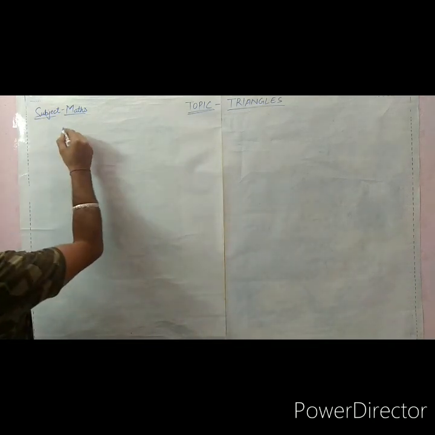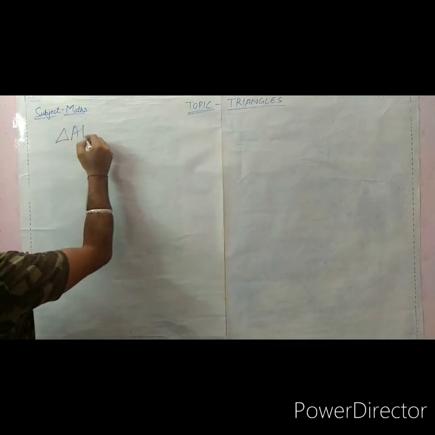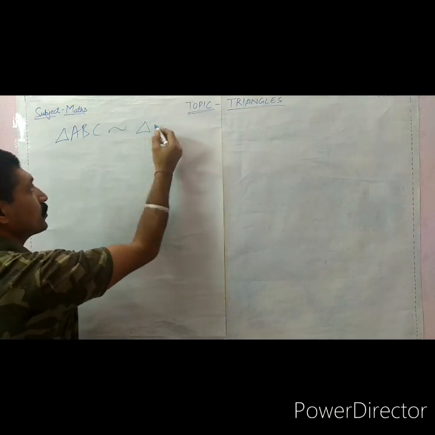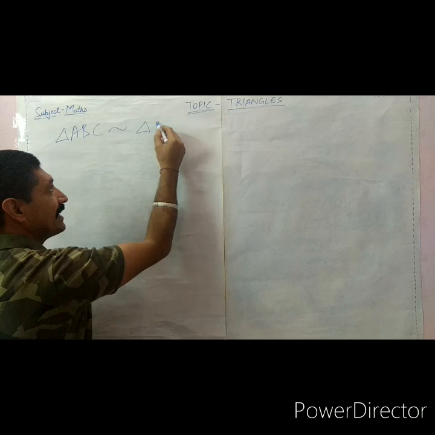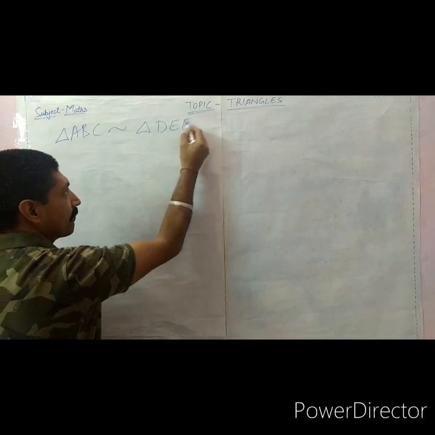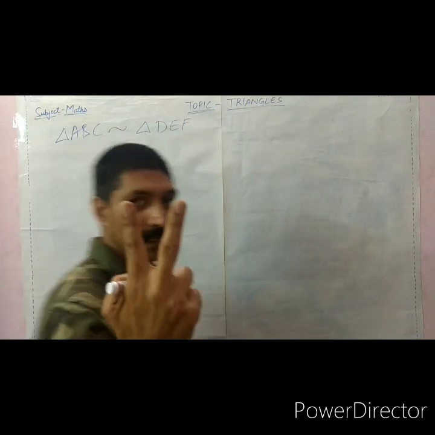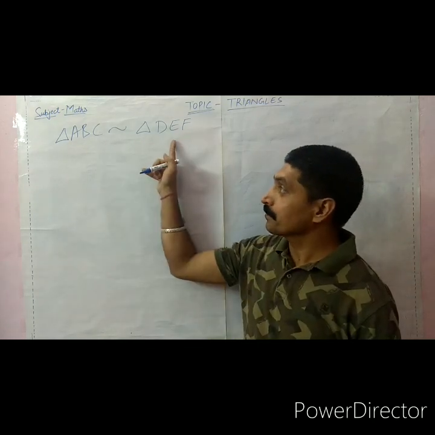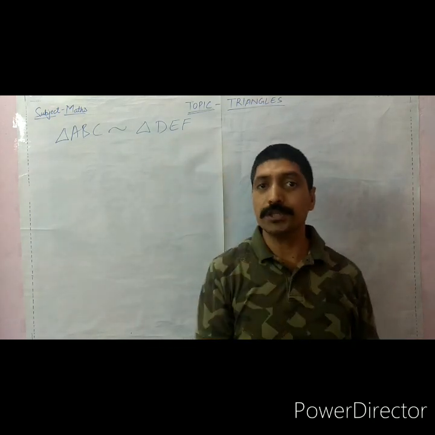Triangle ABC is said to be similar to another triangle DEF. Two triangles are said to be similar if we have two conditions.